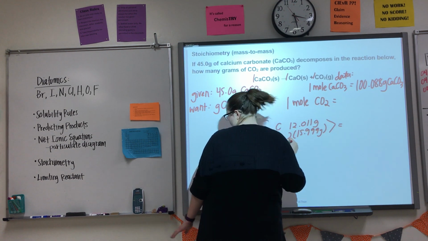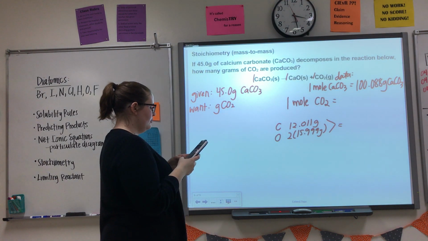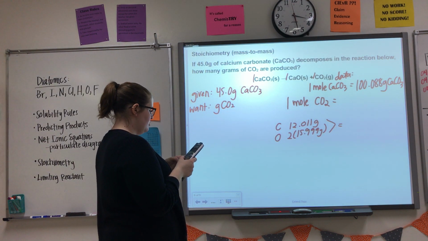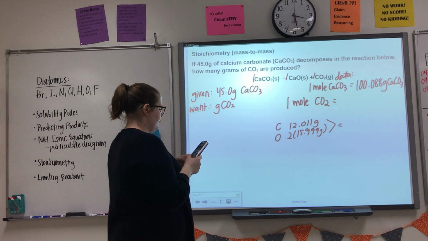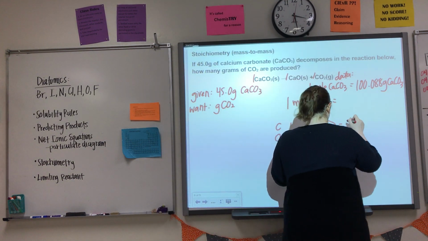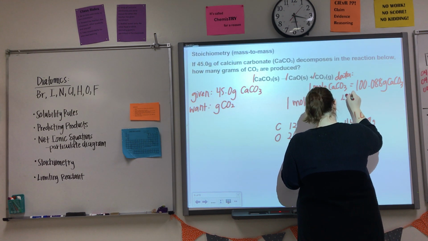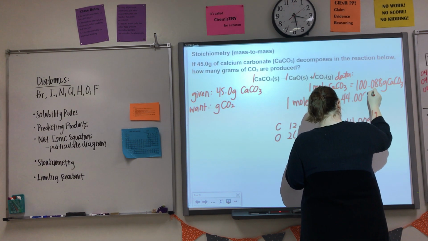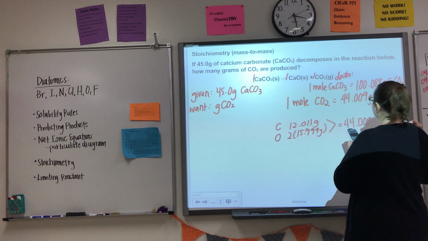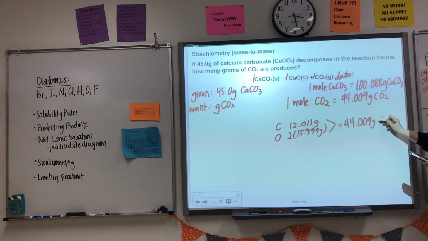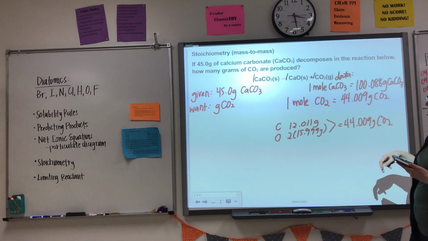And this number here is 44.009 grams. Okay, I'm getting my grams of CO2 per 1 mole of CO2, because that's my molar mass.